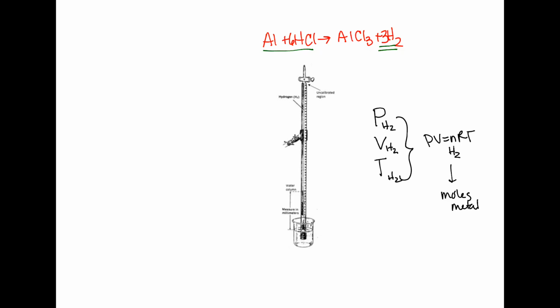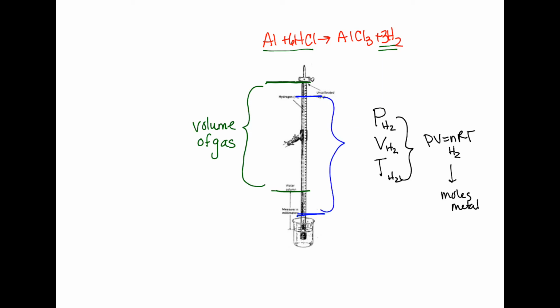All right, so I'm going to use our inverted burette here and kind of show what the areas are. So from here to here is the volume of our gas. And from here, from the 50 mil mark to the 0 mil mark, that is 50 milliliters.